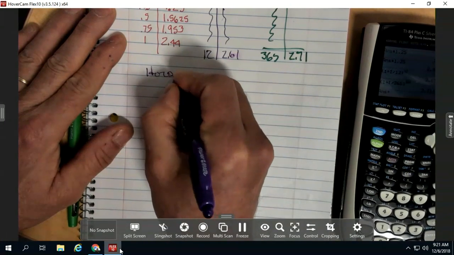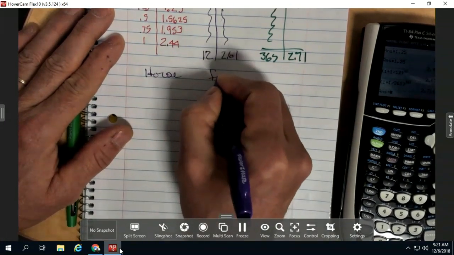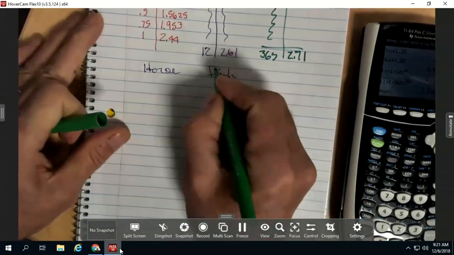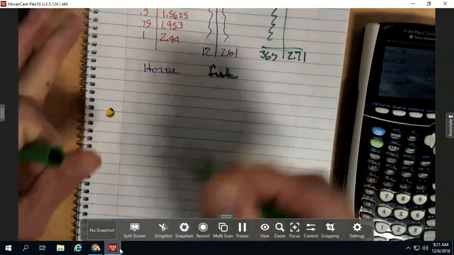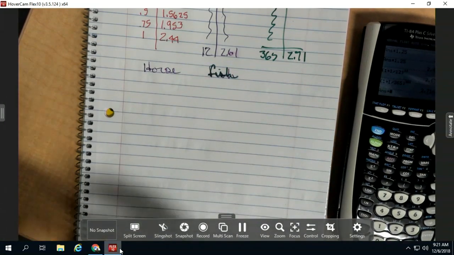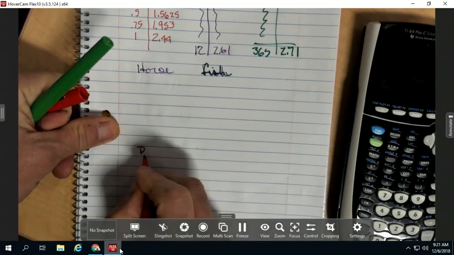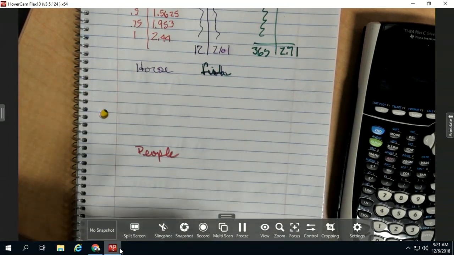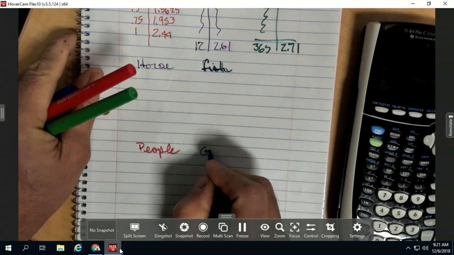Horse, fish. Oops, I better do fish in a different color. People, germs.